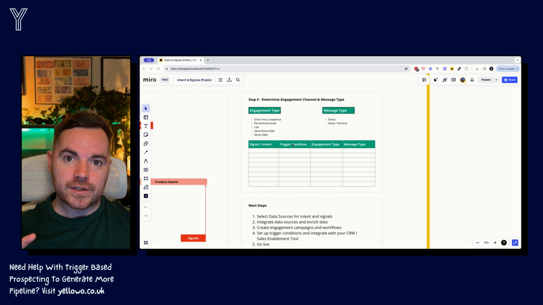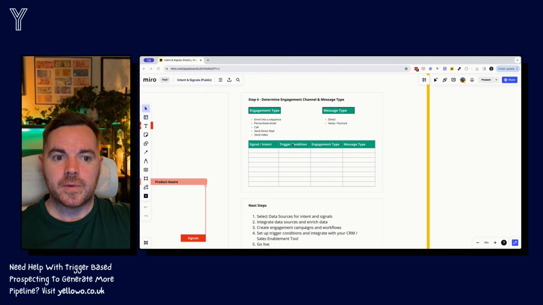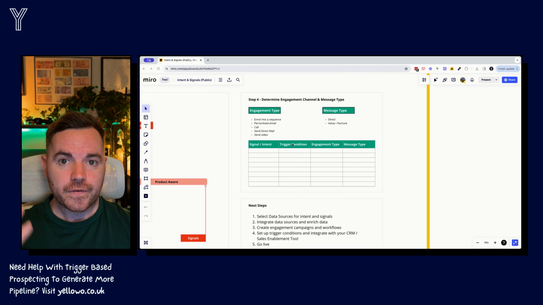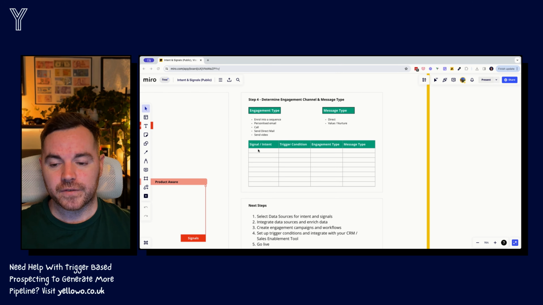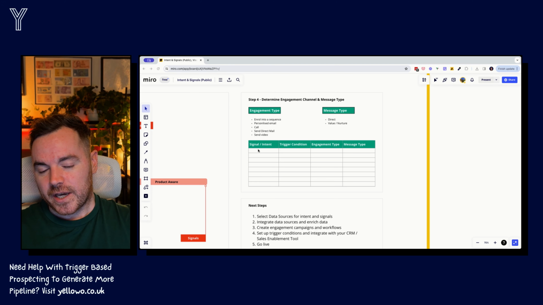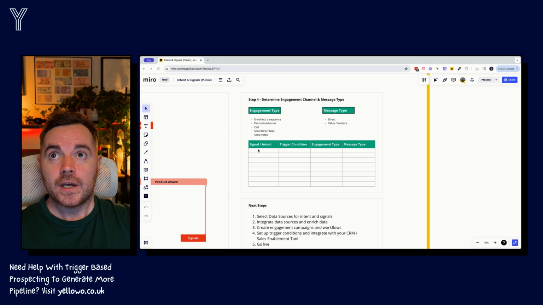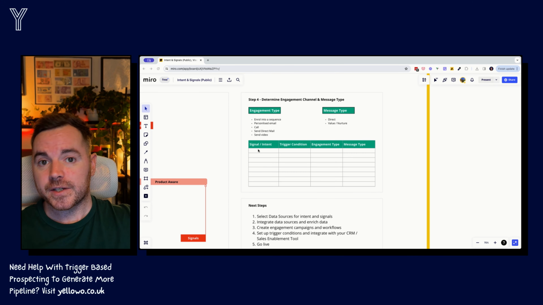So there's 2 things you need to think about here: the engagement type and then the message type. So for an example, signal intent. Let me take that HRIS, and I wasn't planning on using this as an example. This is completely off the cuff. For that HRIS platform, a good trigger would be headcount growth over the last 6 months, 12 months.